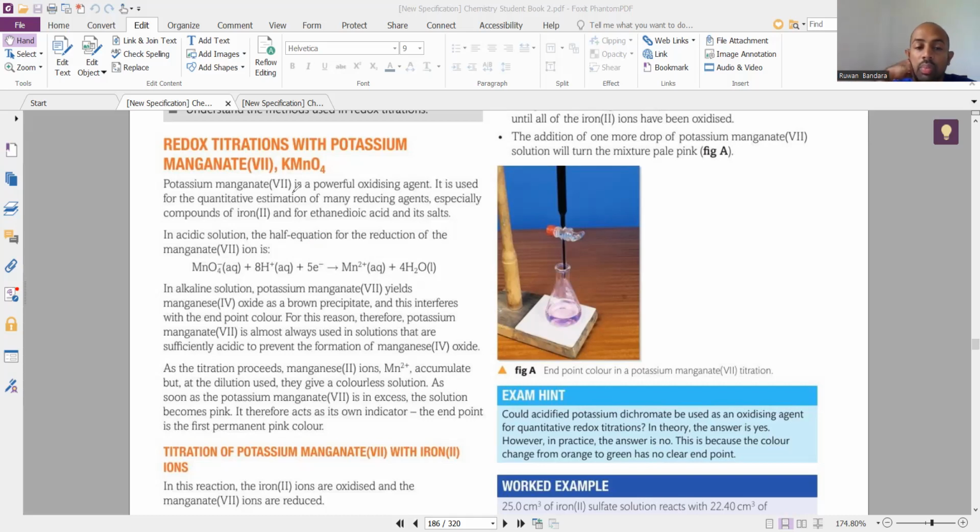During the titration, Mn2+ accumulates, but at the dilution used, they give a colorless solution.